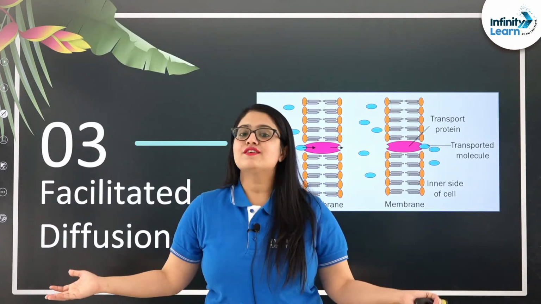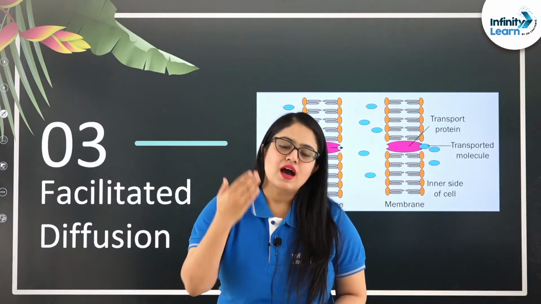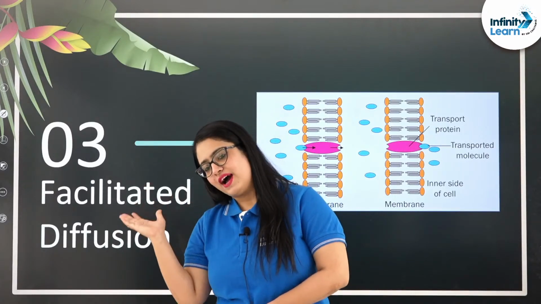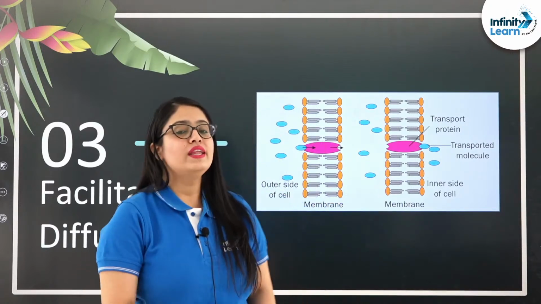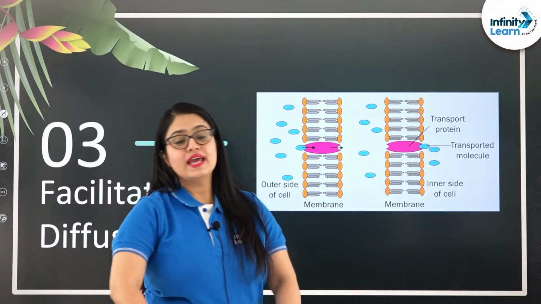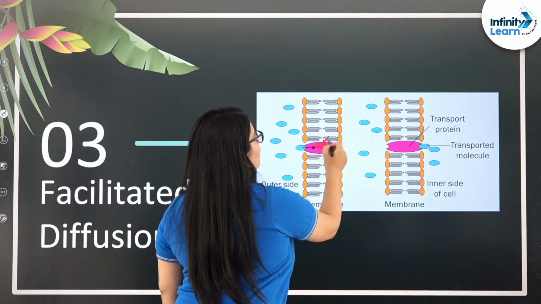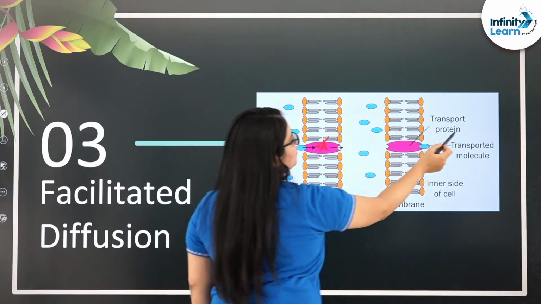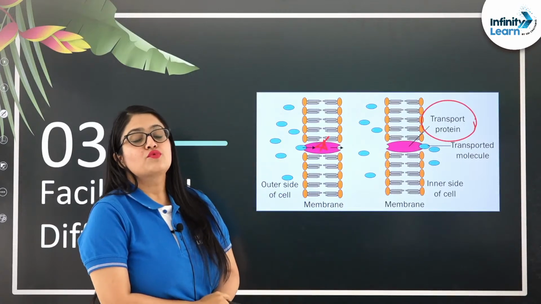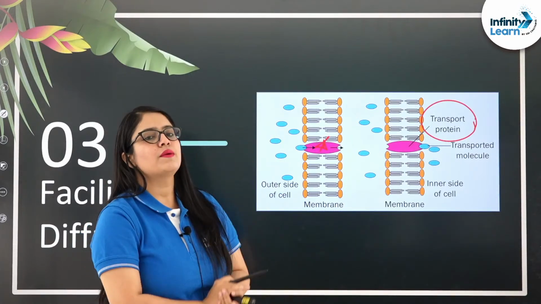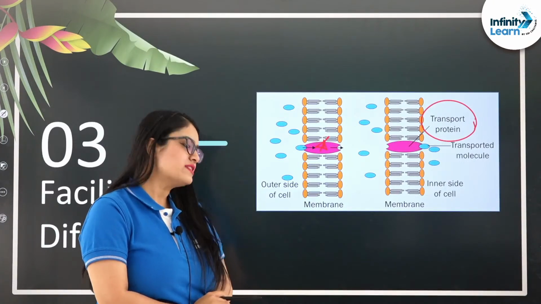And it is diffusion because movement of substances will be along the concentration gradient, from high concentration region to low concentration region. But the only difference that you can see over here in comparison to simple diffusion is the involvement of transport proteins or membrane proteins. So here the proteins that are present in the plasma membrane will help or facilitate the movement of such substances.